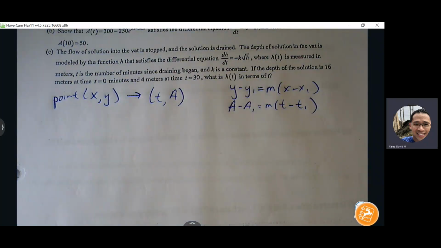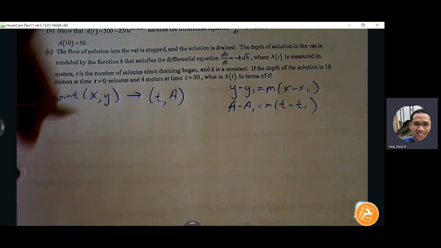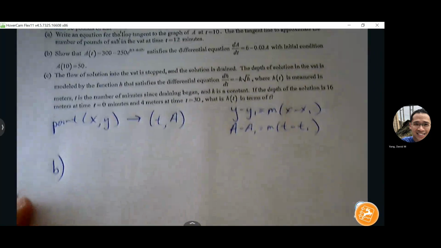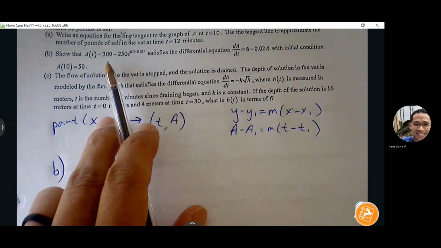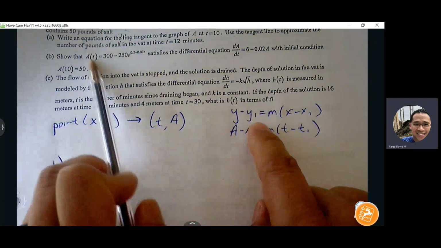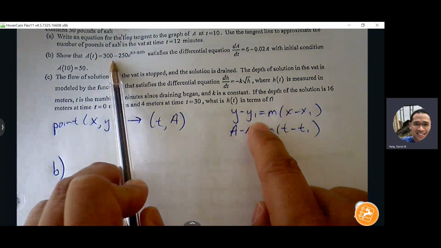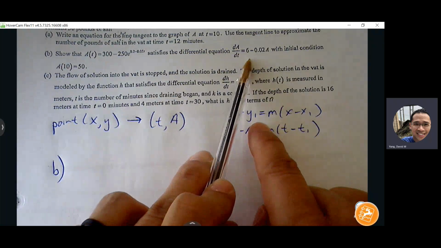Wait a second, that's not right. I'm sorry, we're not solving the differential equation until part C. This is part B. Okay, sorry. So we start with this, and we want to show that this leads to this derivative.